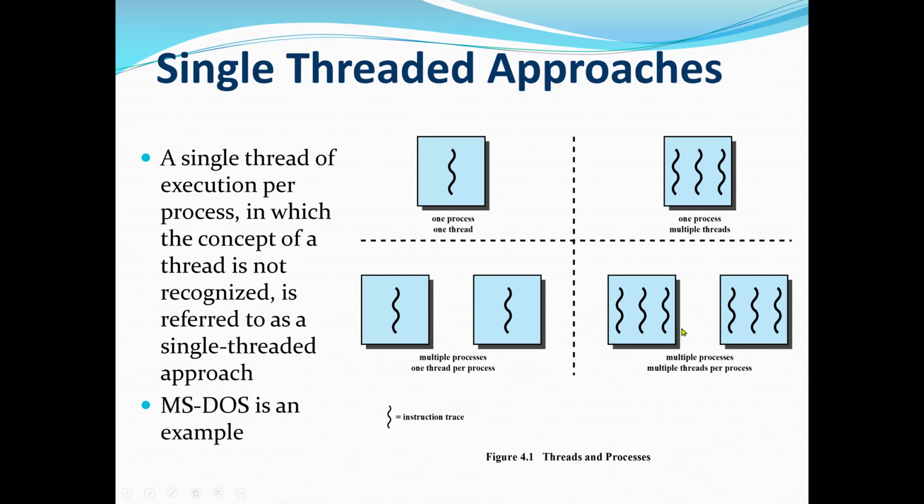This approach is used in Windows, and many modern versions of Unix and Linux operating systems. In this session, we will give a general description of multi-threading, and the details of the Windows, Solaris, and Linux approaches will be discussed later in this chapter of our course textbook.